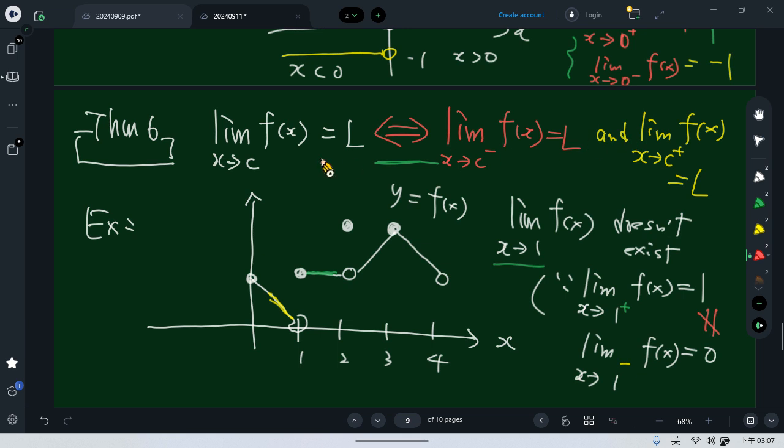Because if you want to have a two-sided limit, you should have two one-sided limits, and these two one-sided limits should be the same. Here is L, here is also L. Then your two-sided limit will be L.